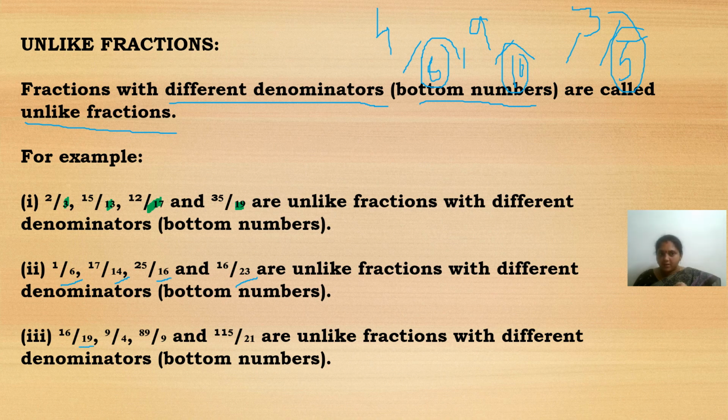Are the denominators equal here? No, because 19, 4, 9 and 21 are different. So, such types of fractions are known as unlike fractions. Denominators, that means bottom numbers, with the same numbers are known as like fractions. Denominators with different numbers are known as unlike fractions.